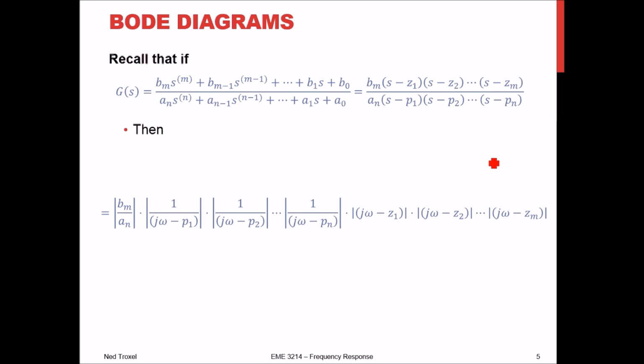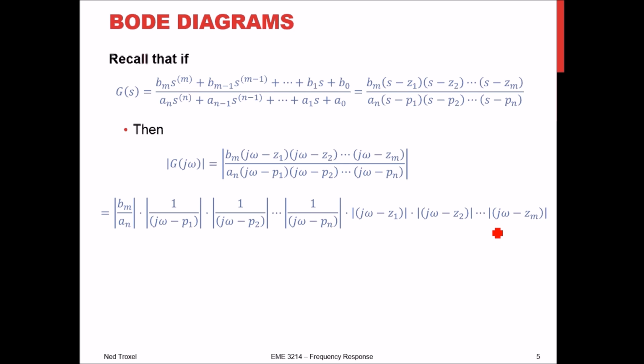In practice, we can always calculate the magnitude this way. The magnitude of G(j omega) is the magnitude of that fraction, and you can split it up and multiply the magnitude of each pole times the magnitude of each zero, and then also times the magnitude of the rest of the thing.